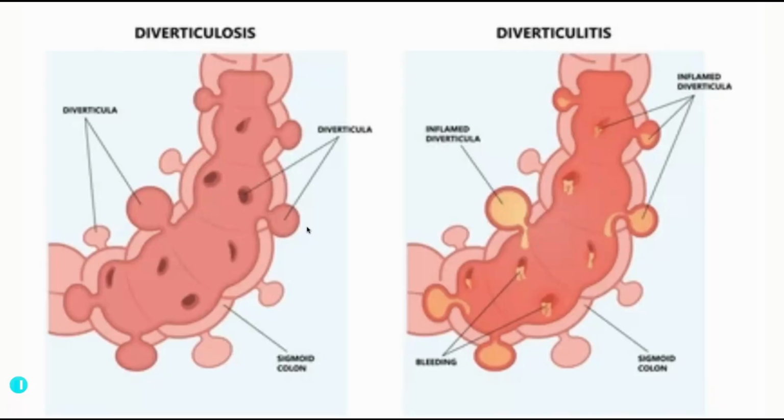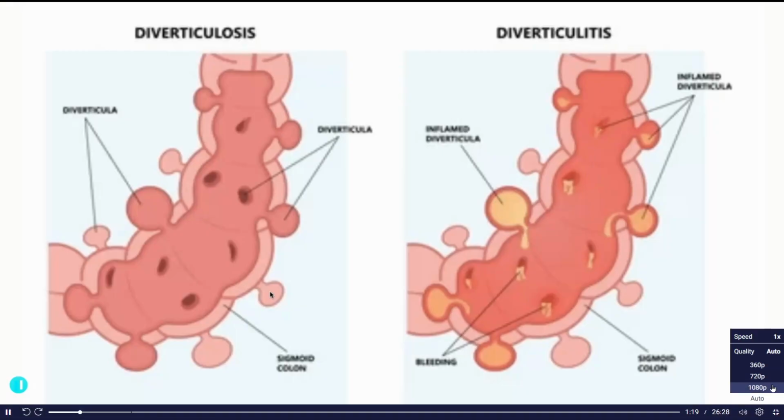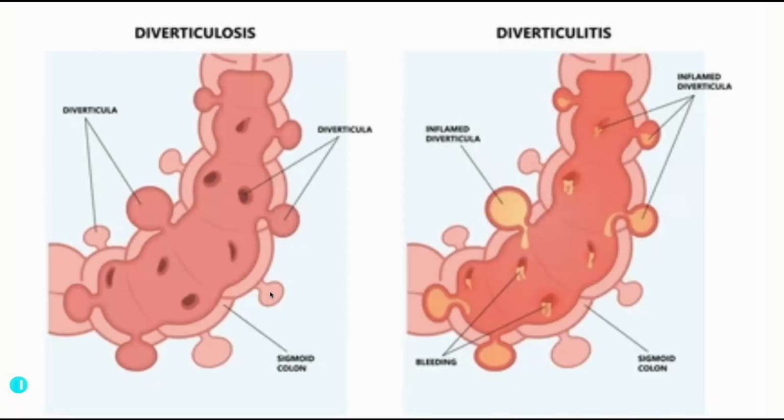They think that happens primarily due to increased pressure in the lumen of the GI tract, in combination with weakened walls of the colon. A lot of times this is asymptomatic and can go unnoticed for years. It occurs mostly in the descending sigmoid colon at those points where the wall is weak, although they can be anywhere in the GI tract, but we're going to focus on the sigmoid colon here.